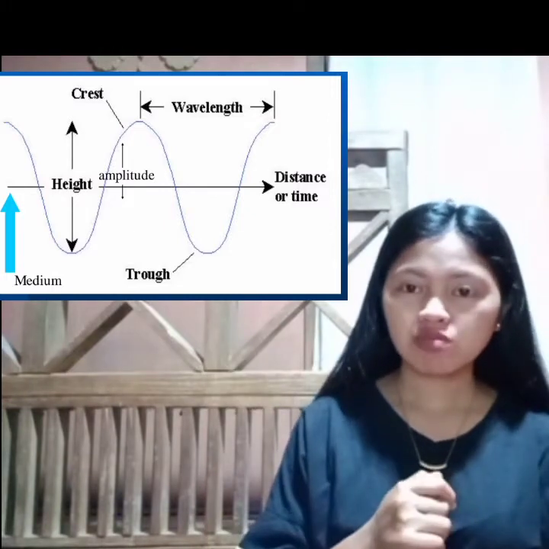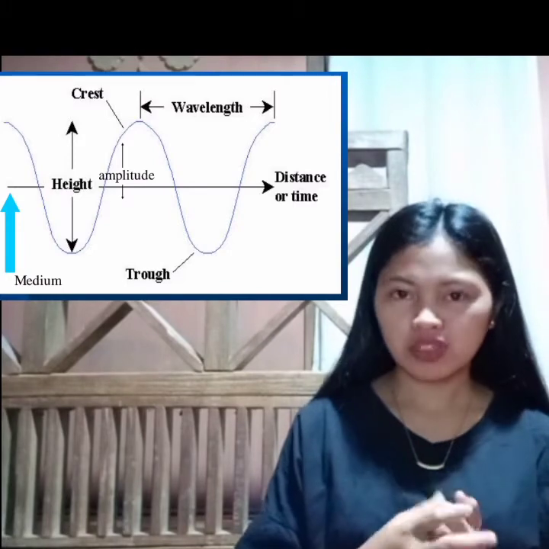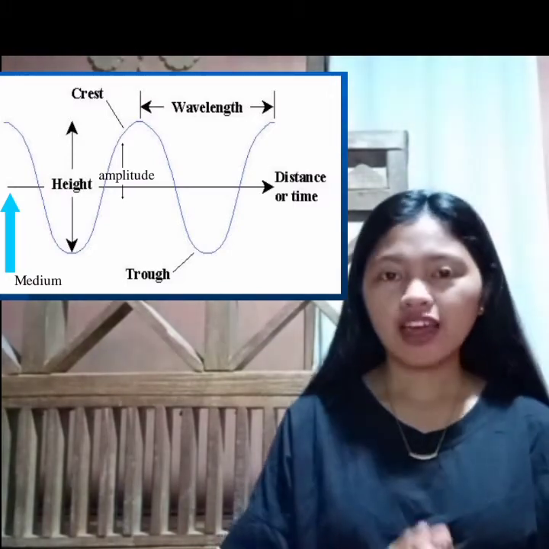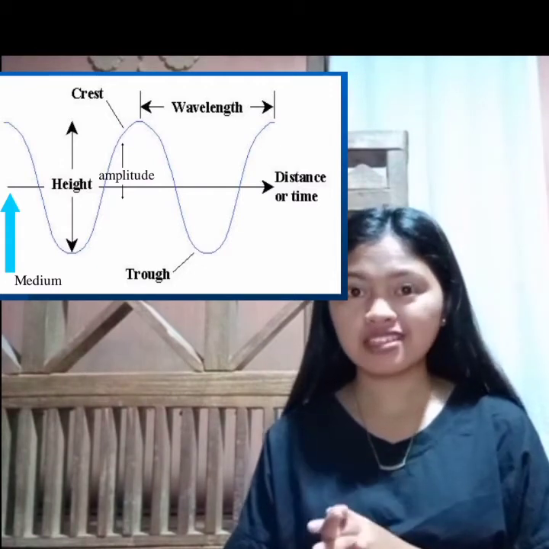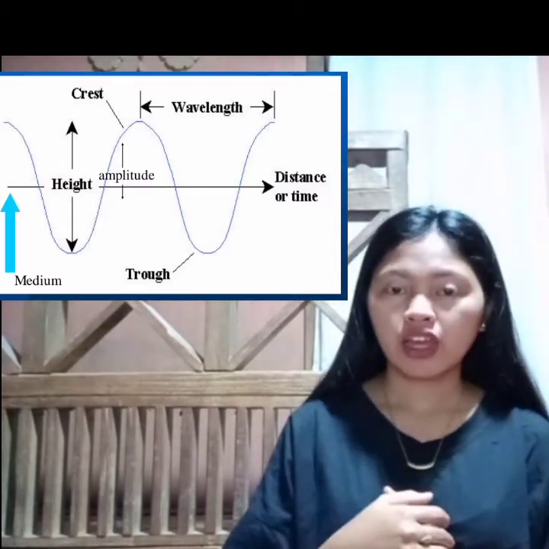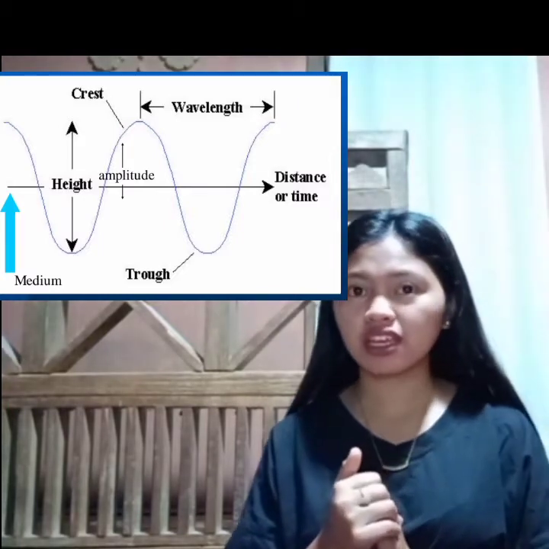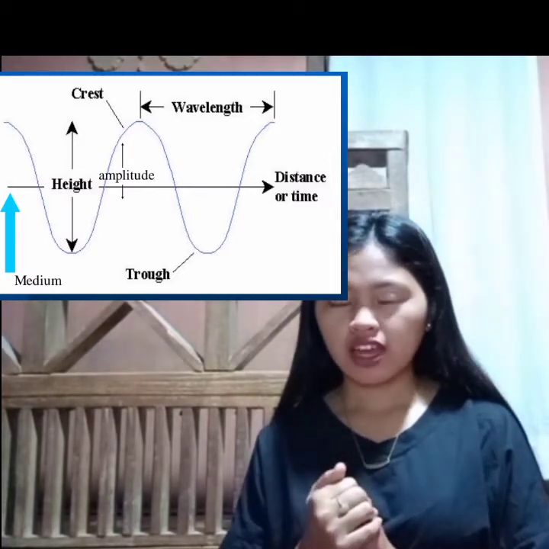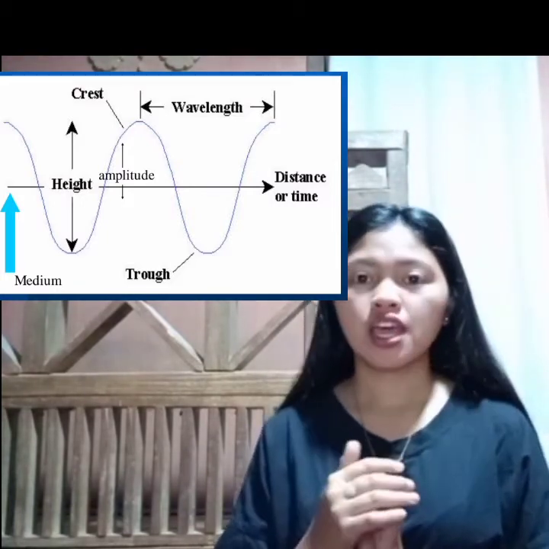The maximum displacement of the particles of the medium is the amplitude. The time for one wave to pass a given point, measured in seconds, is the period. The number of waves passing a given point in a unit of time, measured in cycles per second, or hertz, is the frequency.